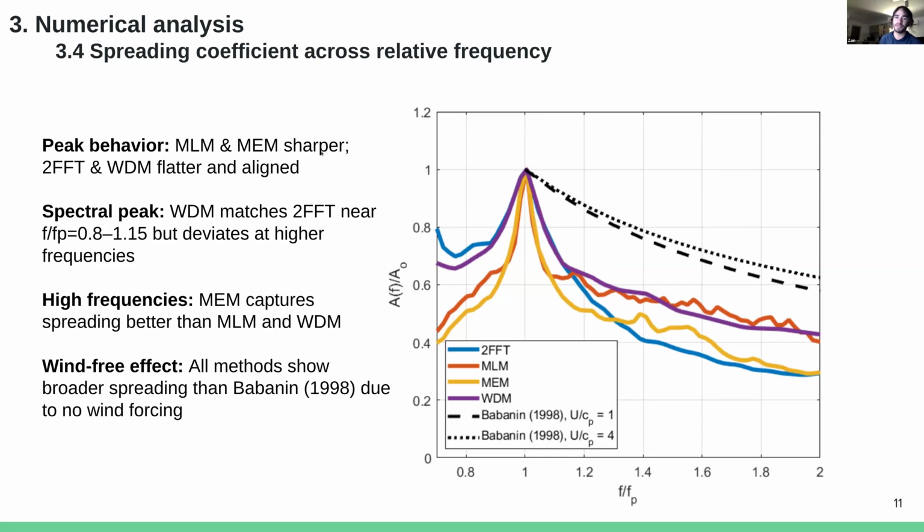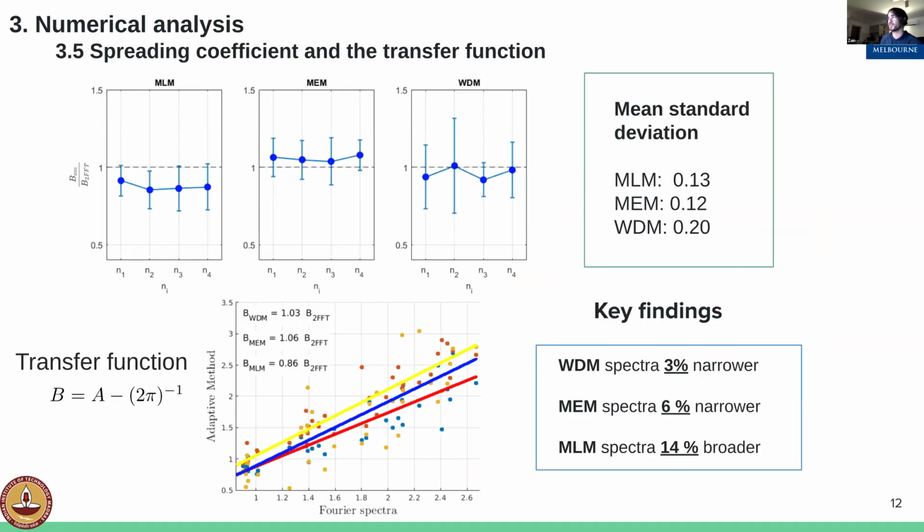On the other hand, the maximum entropy method showed spectra that were consistently narrower, while the weighted directional method showed a bit more variation, but the average stayed closer to 1 than the other two methods. We can see the mean standard deviation here on the right in this box.